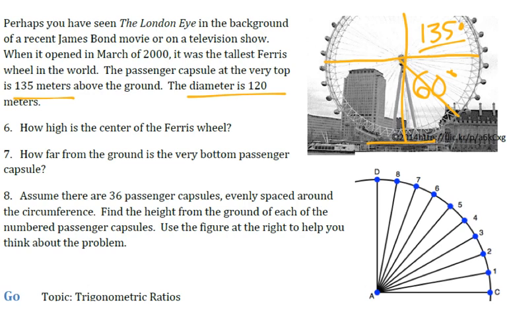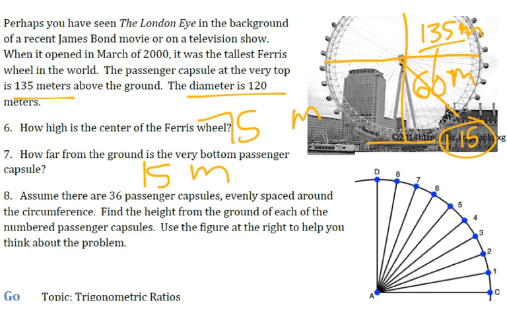You could take 135 and subtract 60, those are meters, and that should tell us. Or you could take 135, subtract 120, that would give us the height of the ground, and then 60 plus 15, but either way you should have ended up with 75 meters. How far from the ground is the very bottom passenger? We kind of already did that. That's 15, right? You should be able to get that.